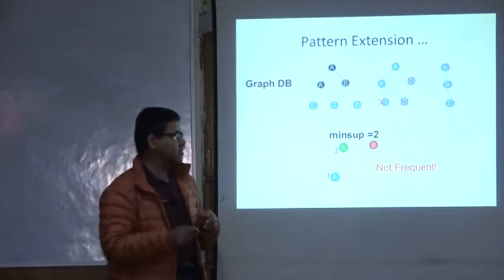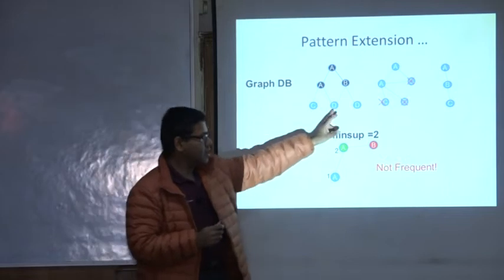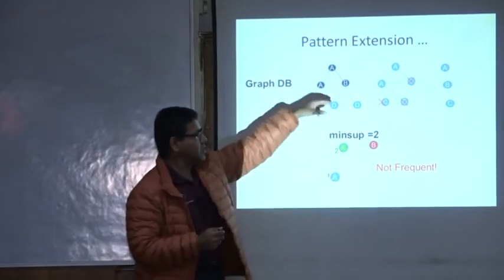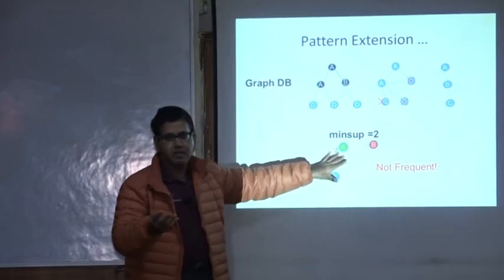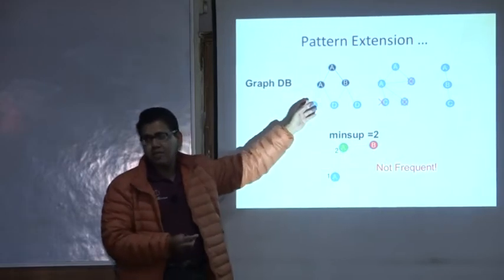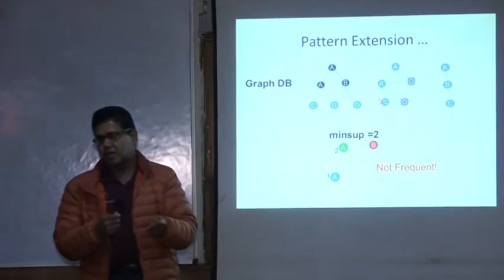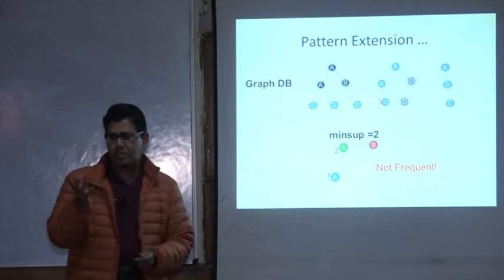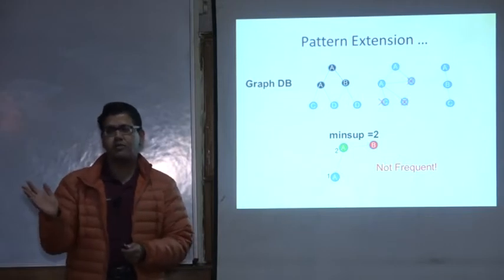That's actually a very good point, because when you find the embeddings of an edge in a graph, or of a pattern, there can be many of them. So there is a penalty to be paid: you have to have a huge amount of storage. There are methods like GSpan that do not store the embeddings.